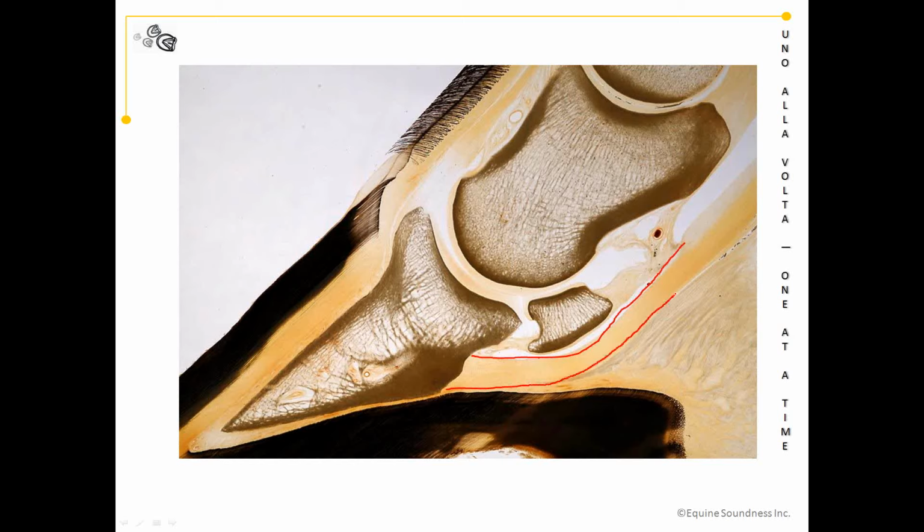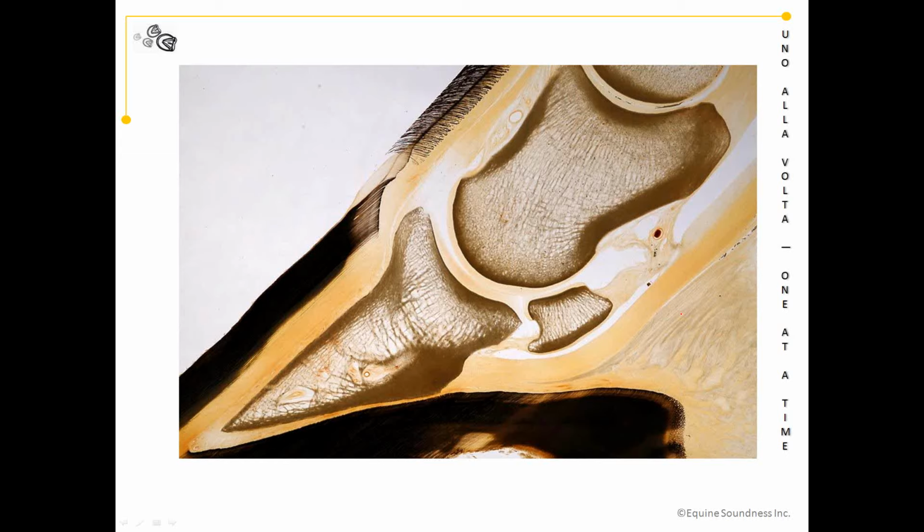The navicular bone is also known as the distal sesamoid, to set it apart from the proximal sesamoid, which is the bone that we know as sesamoid bone.